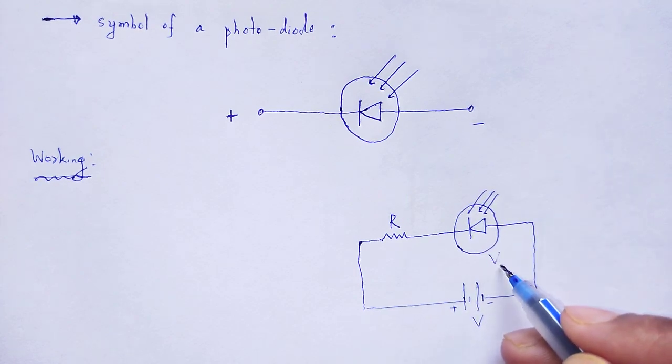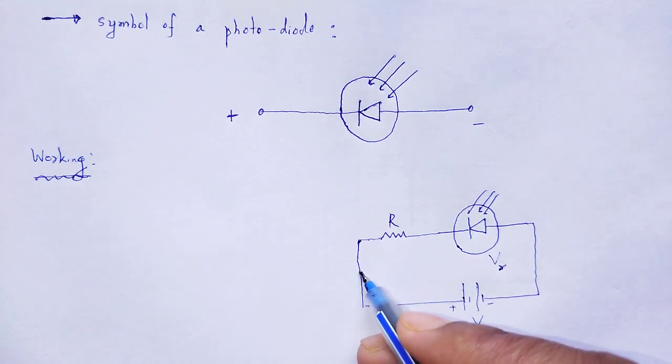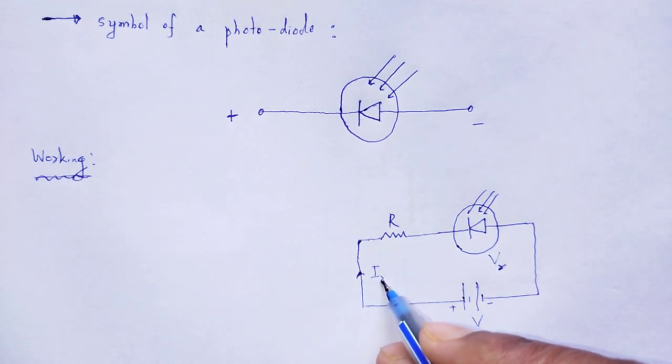Here is the potential V of R across the photodiode, and the reverse current I of R.